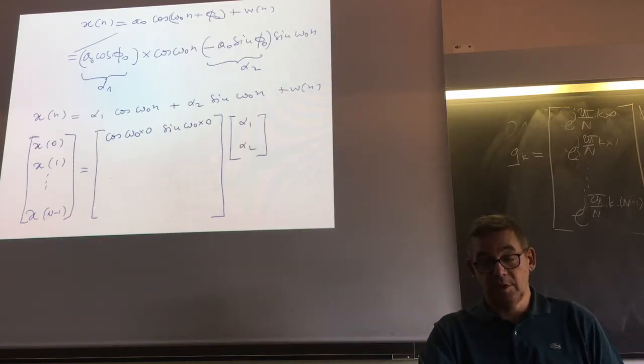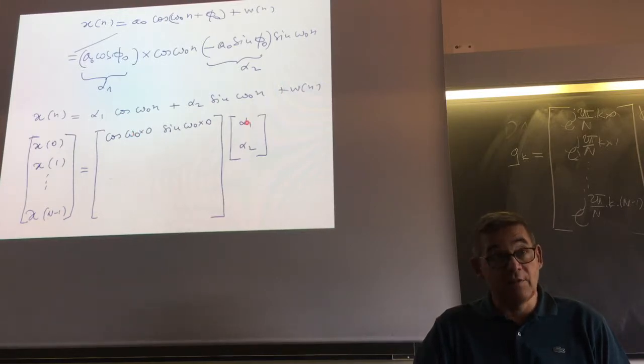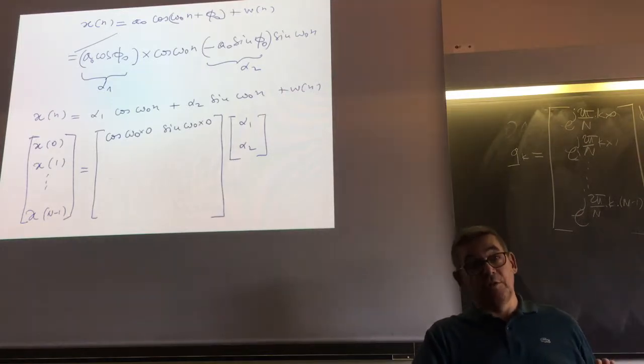Let me start from n equals 0 so that it's consistent. So the first x0 is equal to cos omega 0 times 0, which is 1, multiplied by alpha 1, plus sine omega 0 times 0, which is 0, multiplied by alpha 2. So the model is preserved.